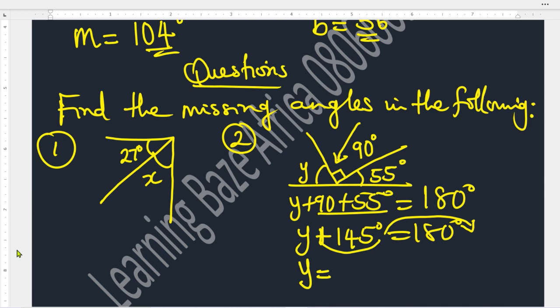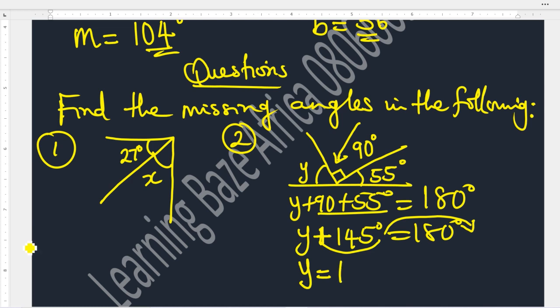It is plus on the left side. To take it out from the left side, it has to change to a negative number. So negative 145 degrees will cancel this on the left side, and it will cross to the right side to become a negative number.